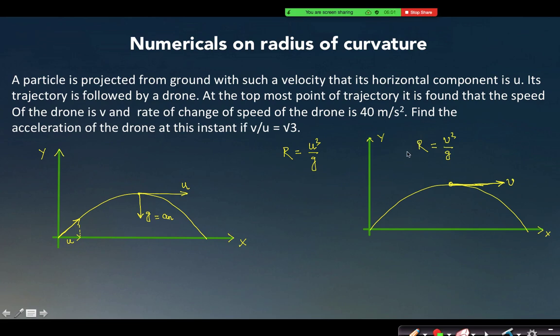I have said that if you follow the motion of the drone, then at the topmost point I know the velocity of the drone is v. So can I in a similar manner say that the radius of curvature of the same path at the topmost point is v square by g? Is that statement true or false?